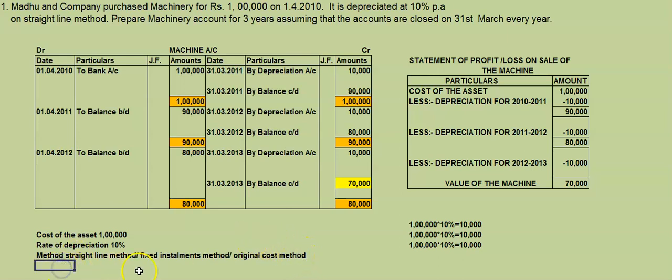Then what else is given here? Number of years. How many years do you have to show the machine account? 3 years.